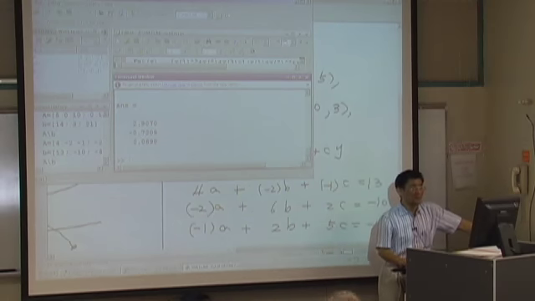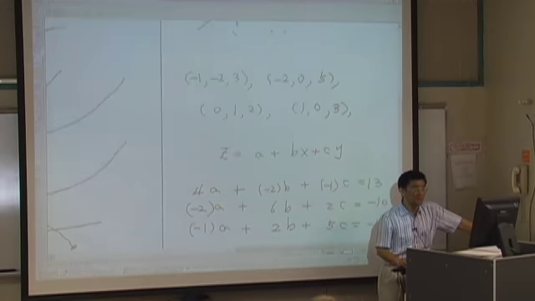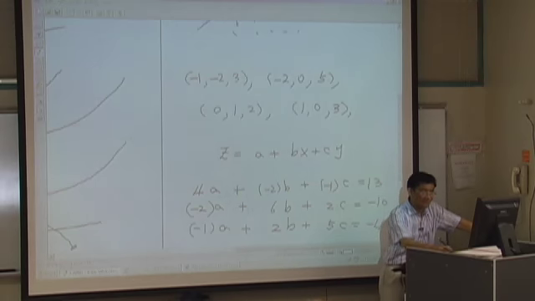So the equation of the plane approximating the given points is found.